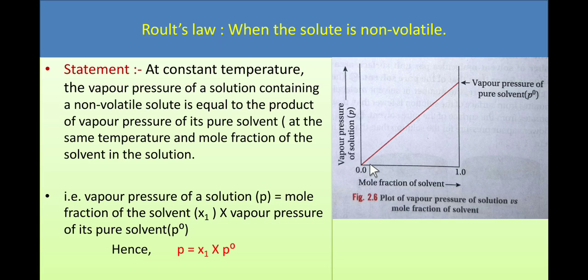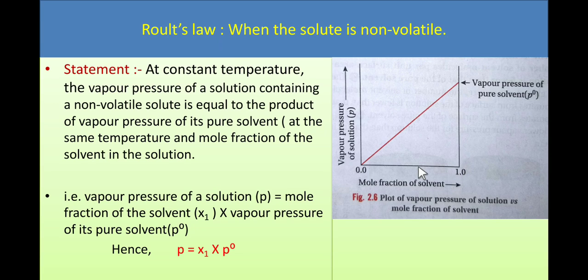As we increase the mole fraction of the solvent, that is the volatile component, the vapor pressure of the solution increases slowly, and at this point when the mole fraction of the solvent is 1, that is the total component is solvent, no solute molecule is present, it is pure solvent here, therefore the vapor pressure of the solution is equal to the vapor pressure of the pure solvent.